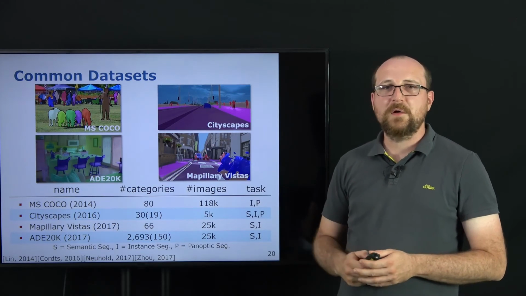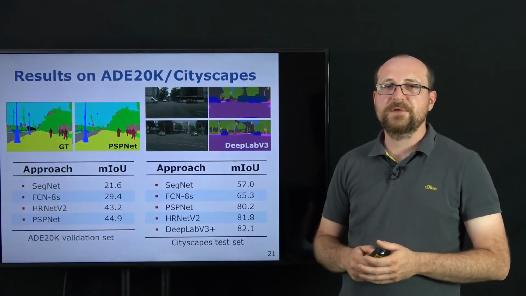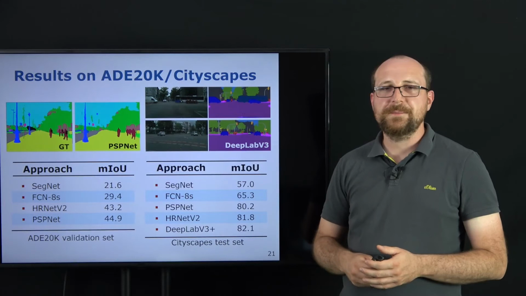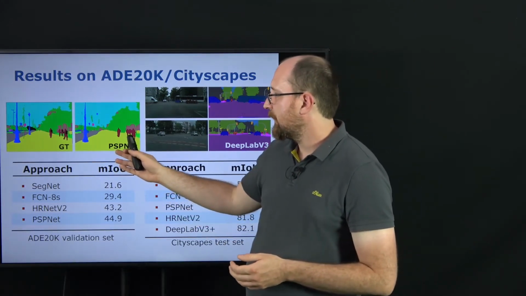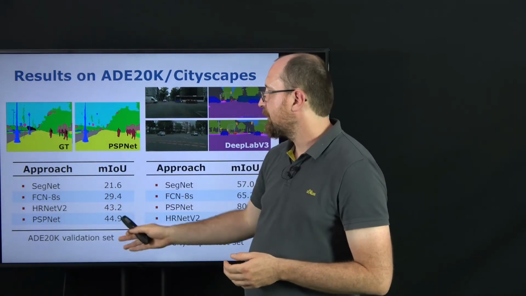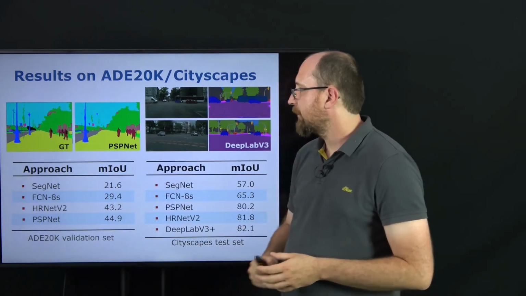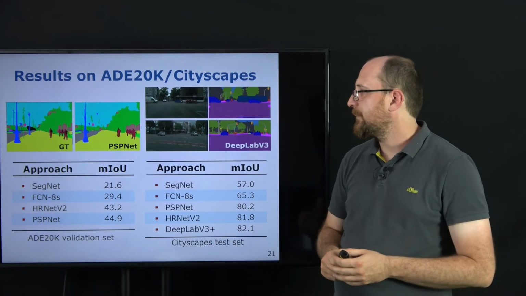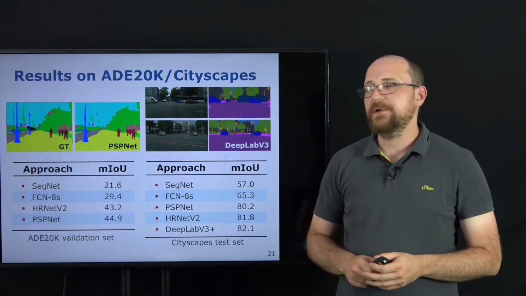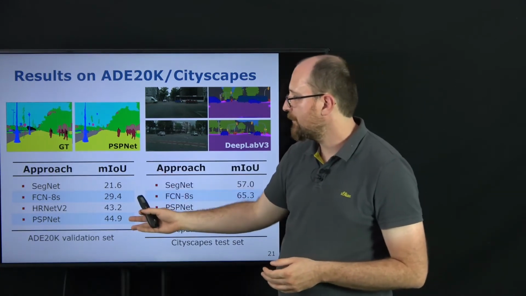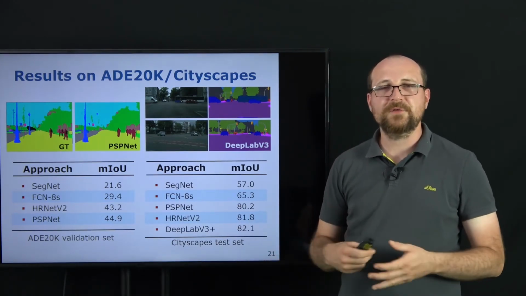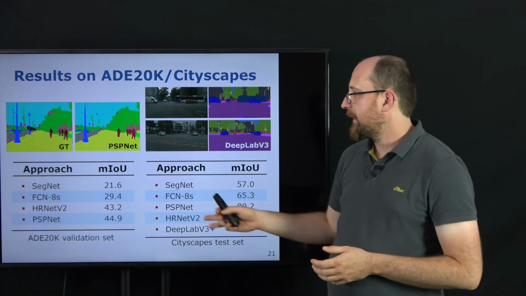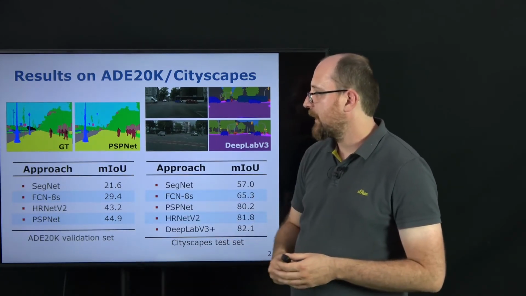When we now look at our different approaches, here I gathered some results from the papers. So for the ADE20K validation set, we have here a SegNet which reaches already 21% mean intersection over union, and then we have the more advanced approaches which use much more contextual information, like the PSPNet or the High-Resolution Network.